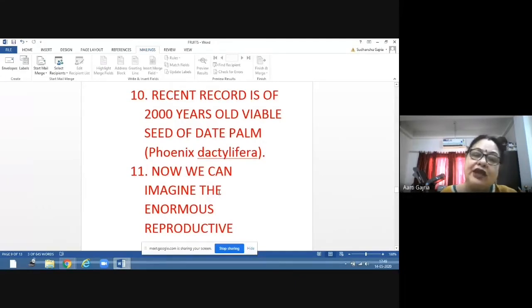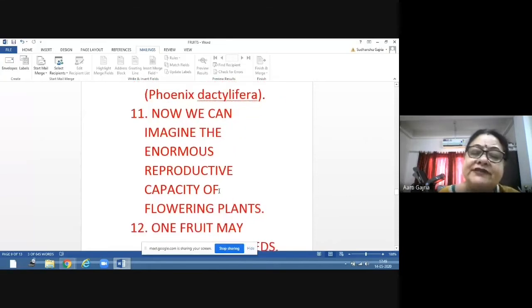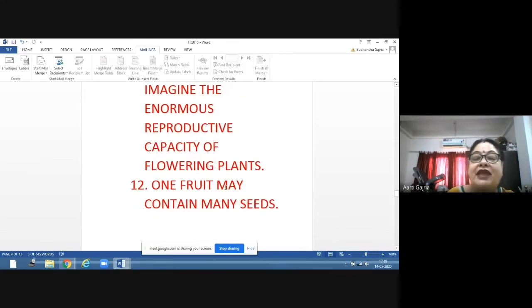So now can you imagine the enormous reproductive capacity of flowering plants? Each plant has many flowers, each flower has an ovary, and the ovary can have many ovules. Each ovule has an embryo sac, and one fruit contains many seeds.